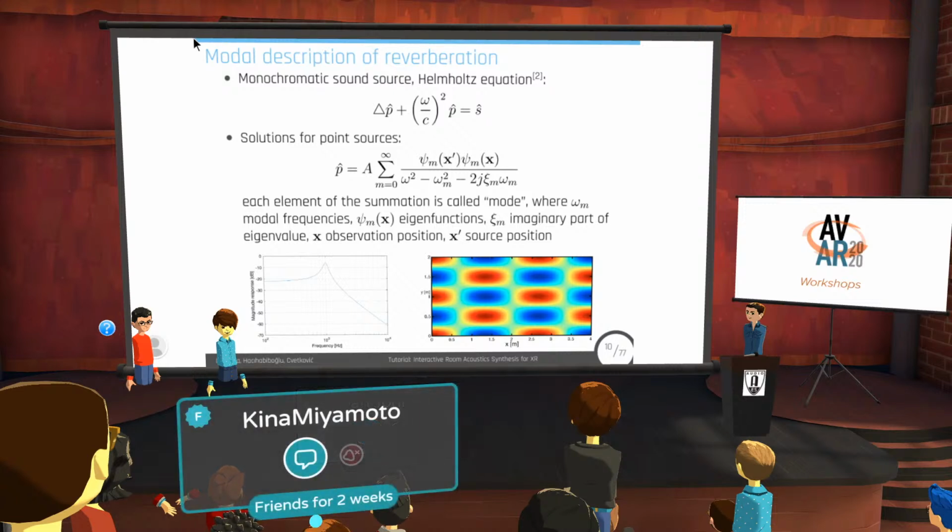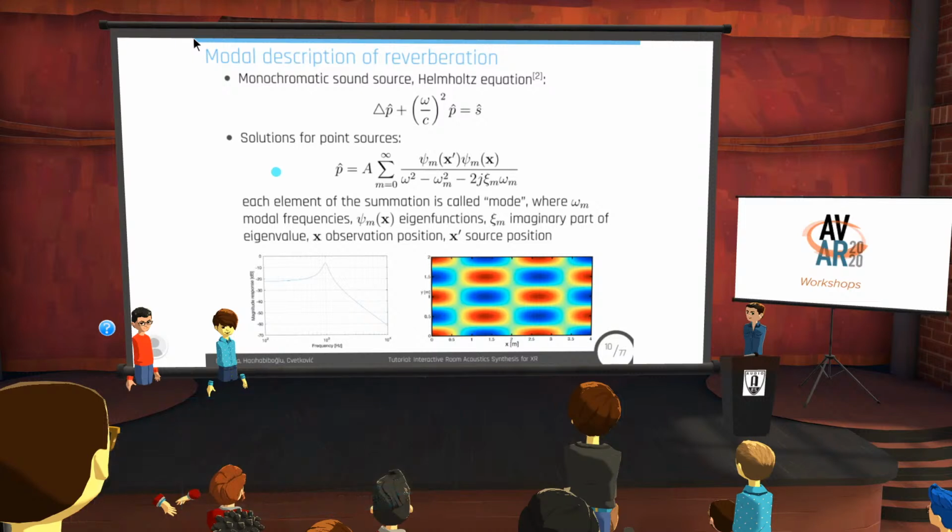Here omega is the angular frequency, x and x' are the observation and the source position respectively. Omega_m are the respective modal frequencies, and delta_m are the imaginary parts of the eigenvalues of the problem, and psi_m are the so-called eigenfunctions of the problem.